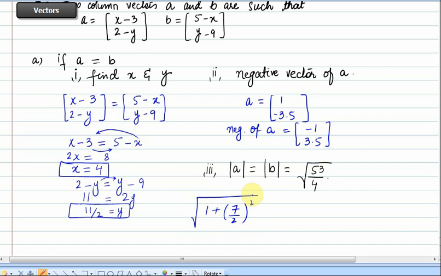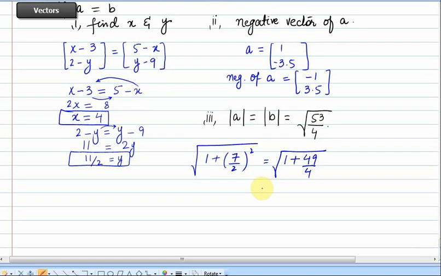So it will be under root 1 plus 7 square, which is 49, over 2 square, which is 4. When you take the LCM, it's 4 plus 49 under the root sign, divided by 4. That is equal to root 53 divided by 4.